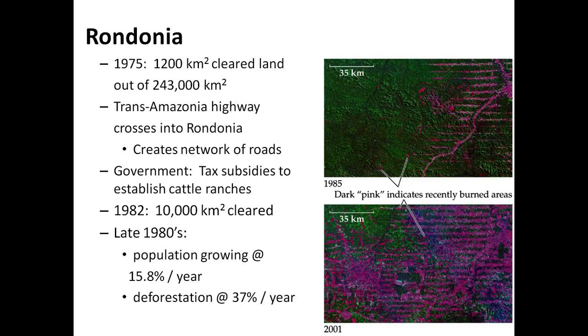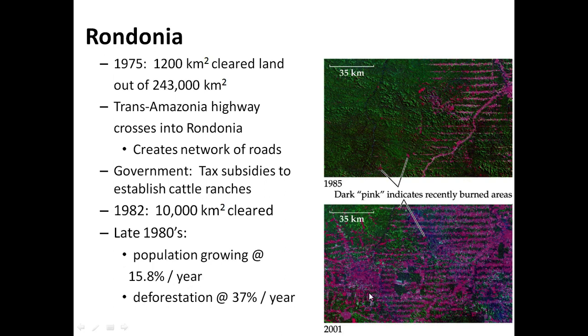And this is a nice example from Brazil again. Rondônia is one of the states in Brazil. You can see in 1985 they created this new road, and after the road, you can see that there are more roads parallel to each other. These are logging roads.